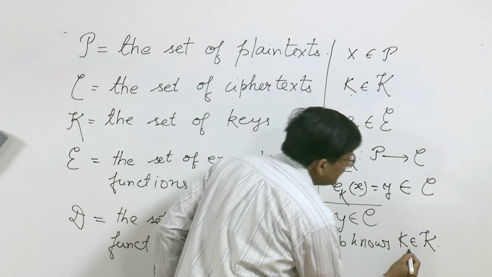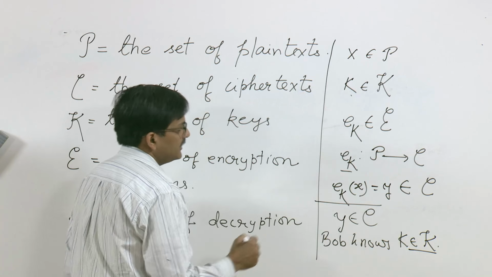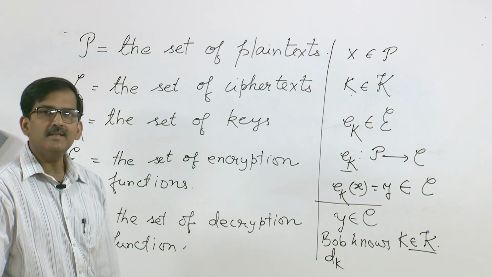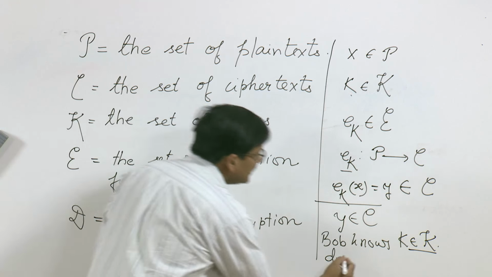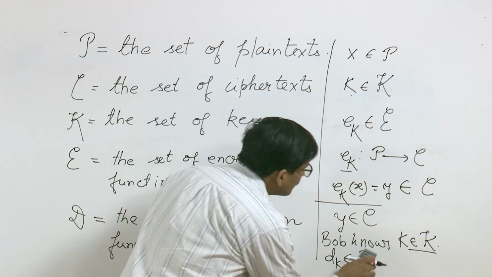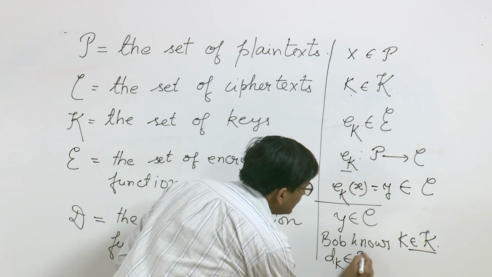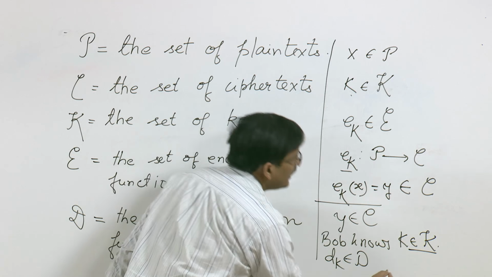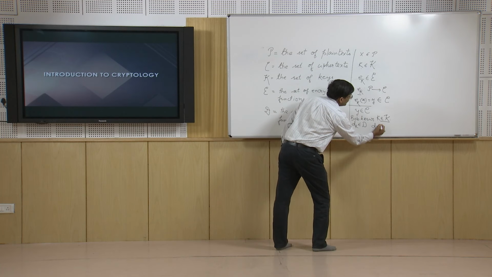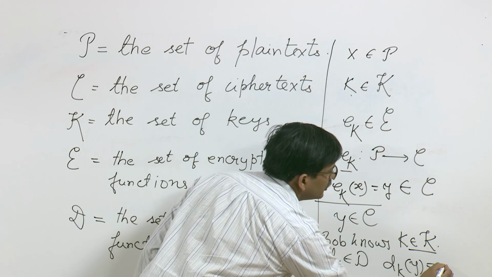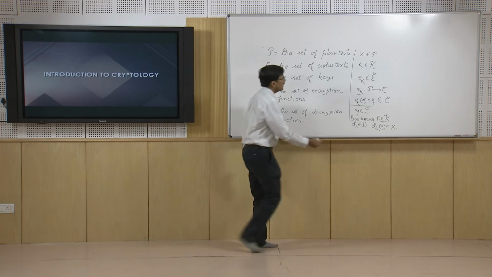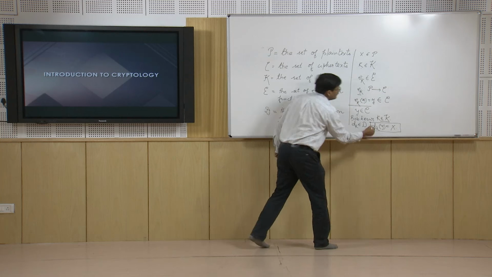Now if Bob knows this, then we assume that Bob will be able to compute dk, that is the decryption function, an element in script D, and if Bob applies dk over y, then he should get x, and that is how the decryption takes place.